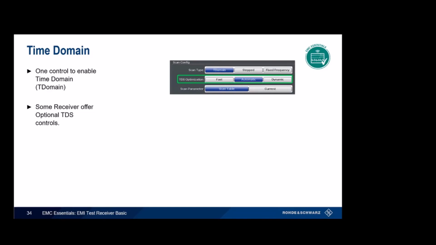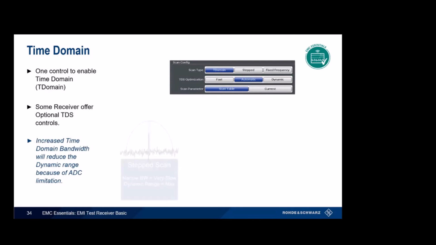The one trend is to have a fast or ultra fast time domain scan. In all these cases, these ultra fast time domains are normally not compliant to the standard. And this is because to gain the extra speed, they increase the bandwidth, and by doing so, they decrease the dynamic range because of ADC limitations.